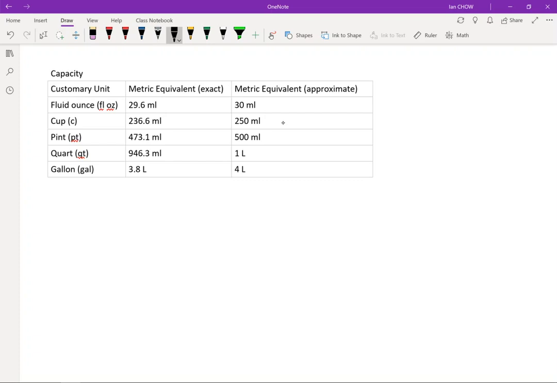Usually those are super tall glass cups. But your normal cup that you have at home is around 240 or 250 milliliters. Even your packaged box drinks are 250 milliliters. That's close to 1 cup.